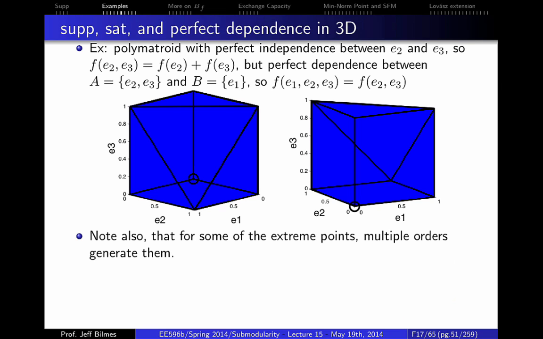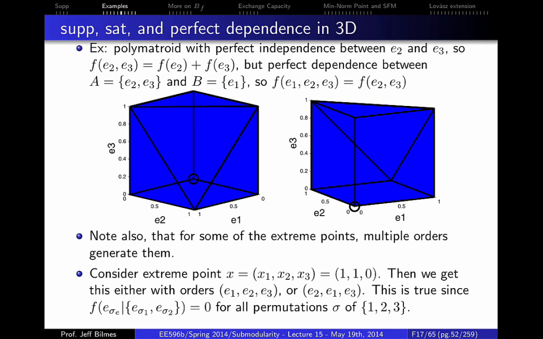Now the other thing to note is that for some of the extreme points, there are multiple orders that can generate the same extreme point. So let's consider this point here. I can never remember. So this point here is 1, 1, 0. Okay. So how do we get that point? Well, we could get it going this direction.